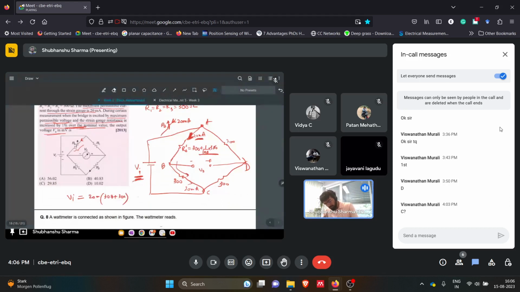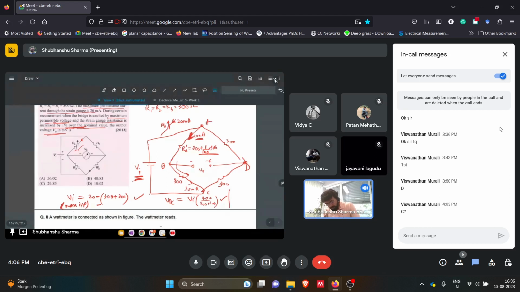Based on that you can get VDC. VDC is Vi into this resistance 300, divided by the total resistance, that is 300 plus 300.